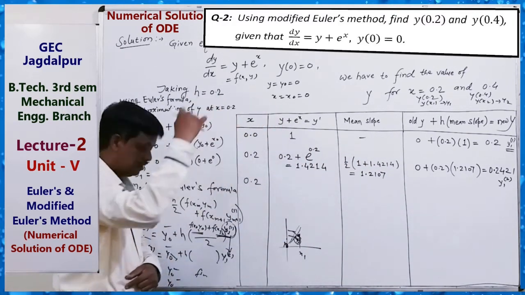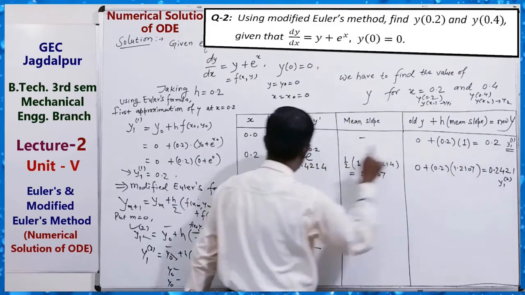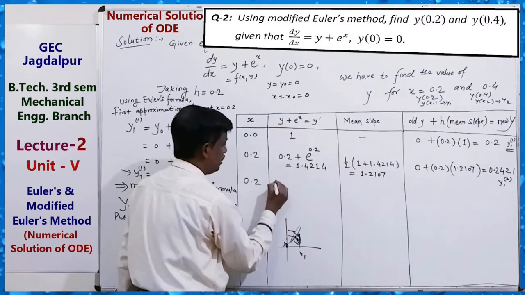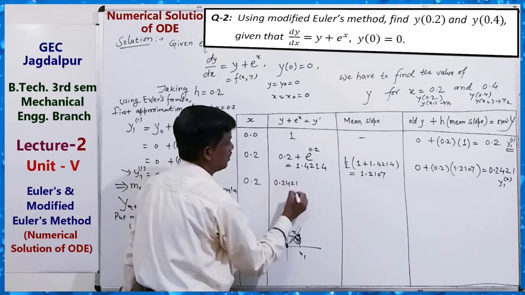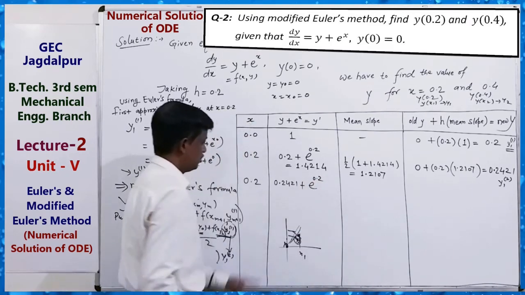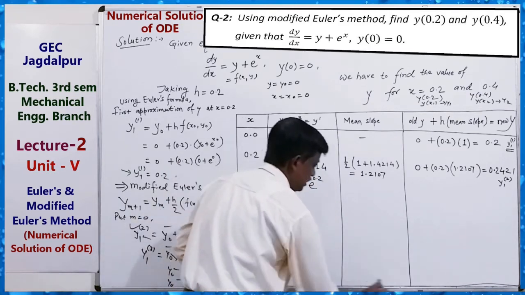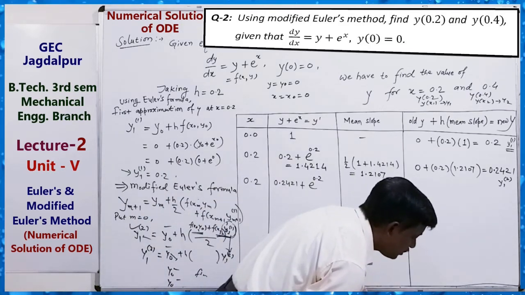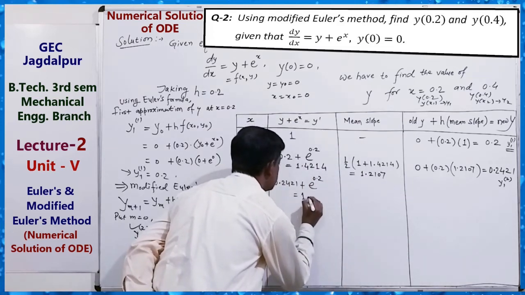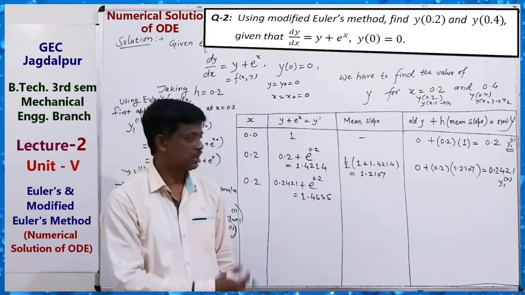Y comes from the previous value. Just like 0.2 comes here, this will come here for y: 0.2421 plus e to the power 0.2 for this point. Okay, the initial point. Clear? Now this can be solved, equals 1.4635. Just calculate it.